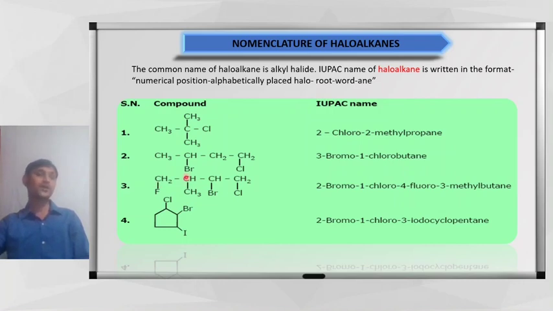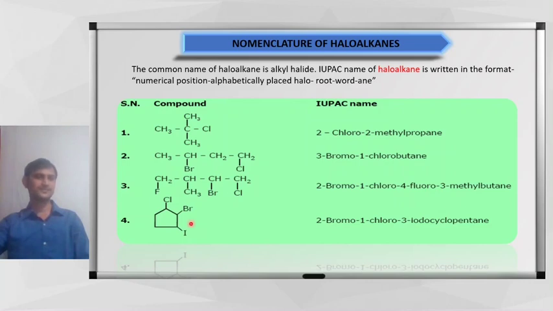According to the alphabet, we write 2-bromo, 1-chloro, 4-fluoro, 3-methyl butane, because this is carbon number 3, which contains a methyl group also. So the name of this compound is 2-bromo, 1-chloro, 4-fluoro, 3-methyl butane.